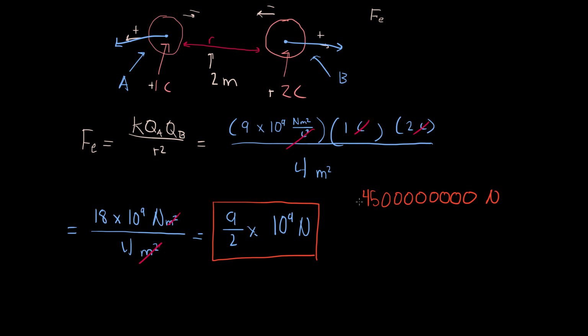If we're looking at this is this many apples, right? This is an insane amount of apples. We're looking at 4,500,000,000 apples worth of force. And this is only from 1 Coulomb here, 2 coulombs here.